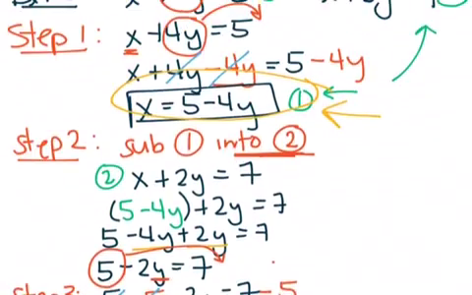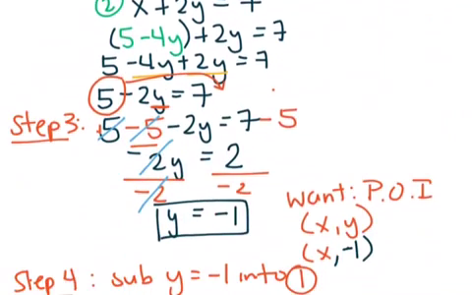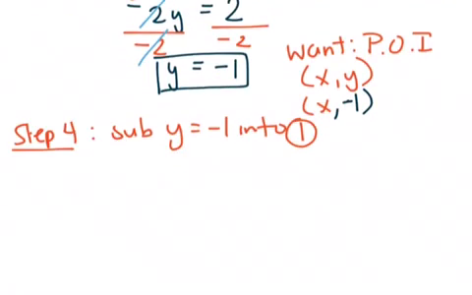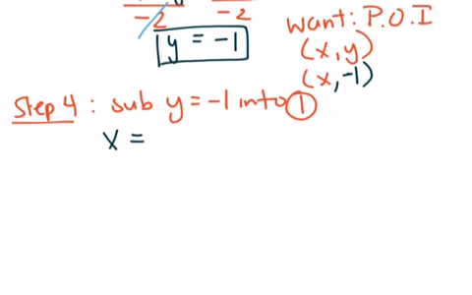It is x equals 5 minus 4y. So let's write that. x equals 5 minus 4y. And just as a reminder to yourself, that's equation number 1. Now we're going to sub y equals -1 into there.